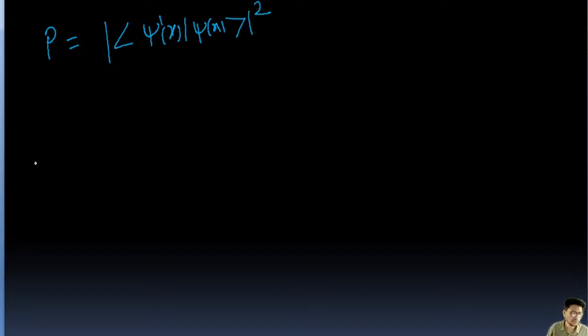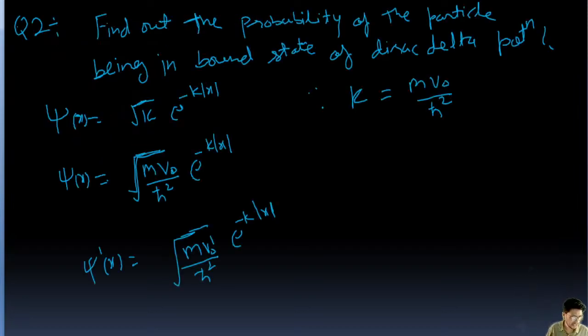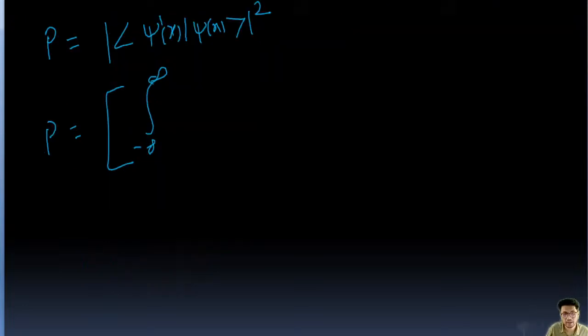This we know. Now we'll put the value. So the probability is going to be the integration from minus infinity to plus infinity of root m V naught dash upon h cut square e to the power minus m V naught dash mod x upon h cut square.